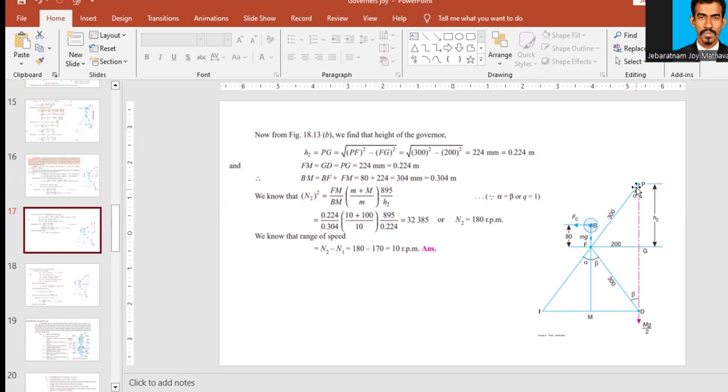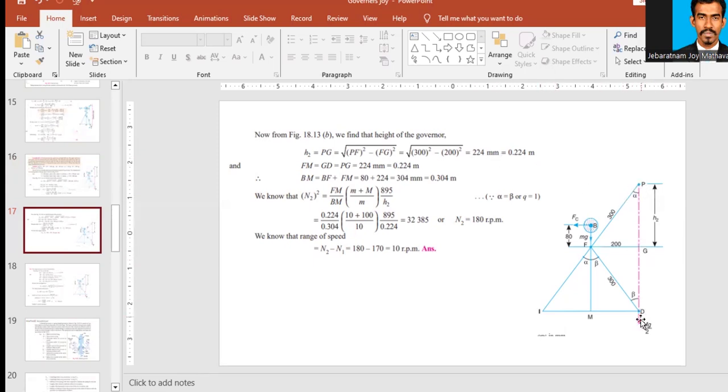Since this arm and this arm are equal, this height and this height are going to be equal. So PG will be equal to GD, and this GD will be equal to FM. So GD, FM, and PG, all three will be equal in length, that is 0.224 meter.